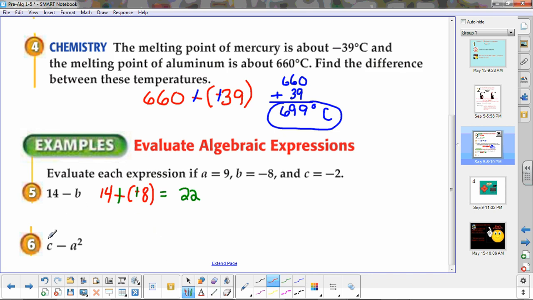In number 6, in place of c, we're going to put a negative 2, and then minus, and in place of a, we're going to put a 9, and that's squared. Now, following the order of operations, we're going to do the exponent first. So 9 squared is 9 times 9, or 81.